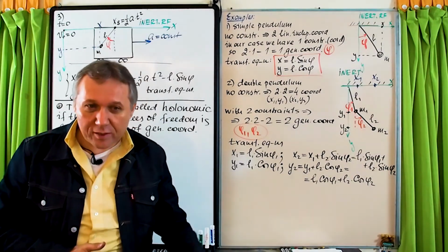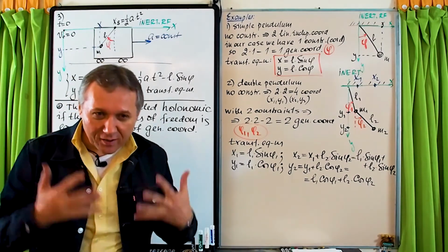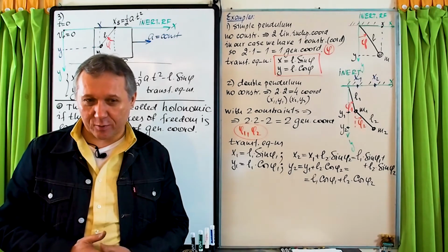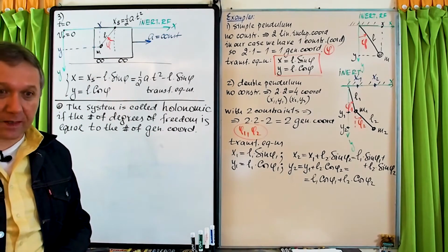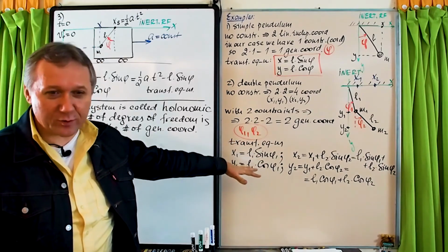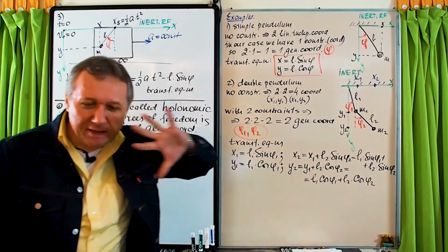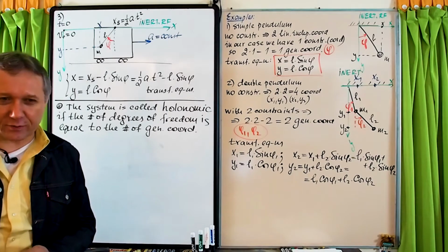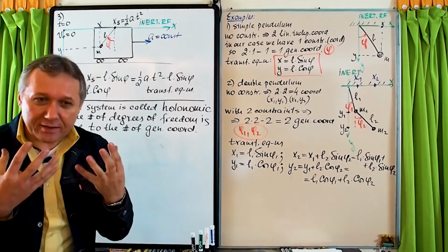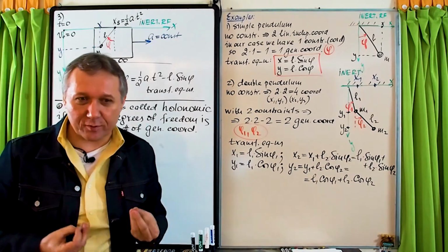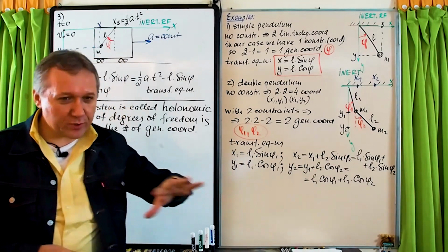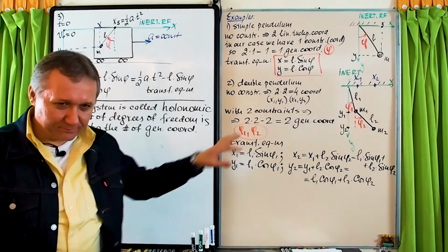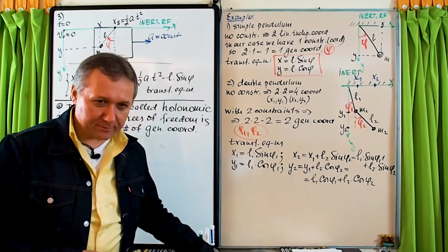That's the only place where the forces of constraints appear. After that, when you write down the transformation equations, you can forget about those forces of constraints. And that's one of the beauties of the Lagrangian formalism. You just write down the transformation equations, and after that, the rest is straightforward.